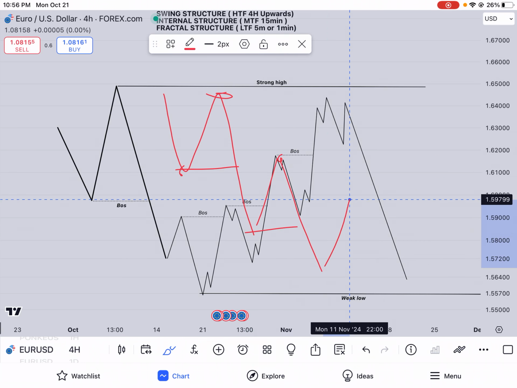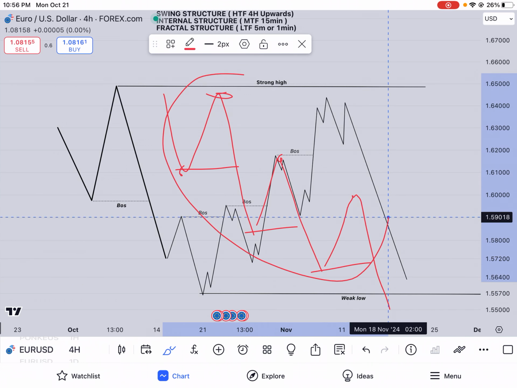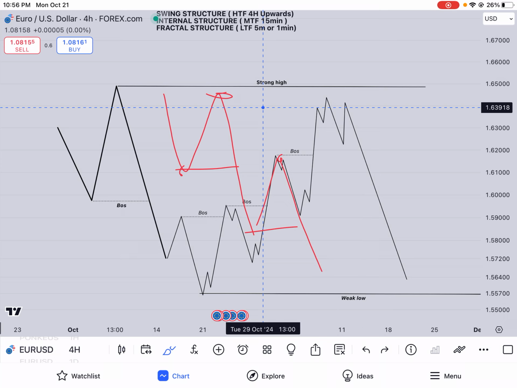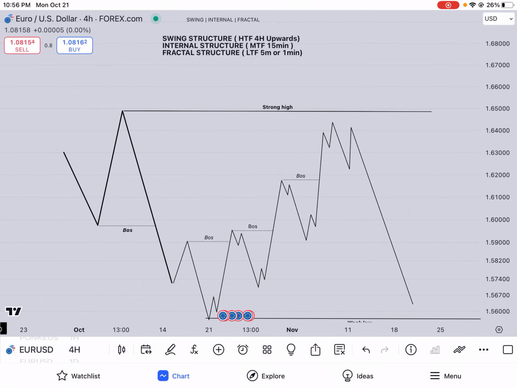So that means the original bias of the market will be sell. We sell at a high price and we buy at a low price. You understand what I'm saying? That's just what I want you to understand about swing structure.